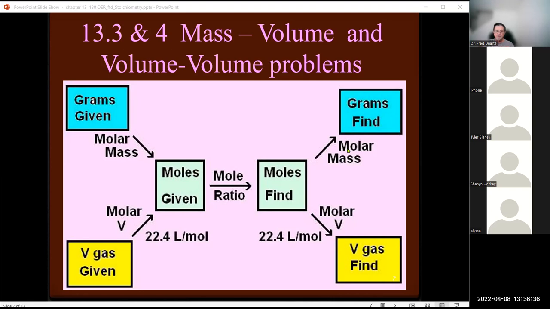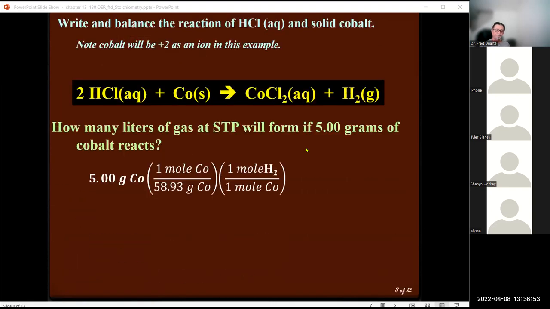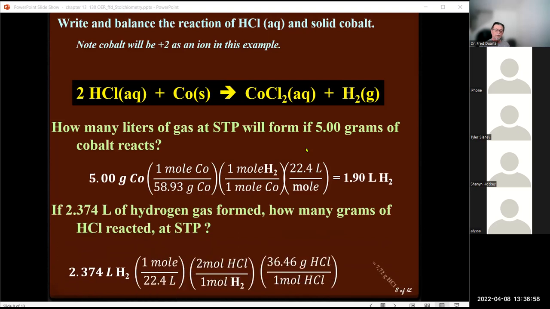Eventually, as you become more proficient with examples, you don't need it, but in the beginning, this is your map to get from grams given to volumes looking for, or grams looking for grams. And so, summarize all this.